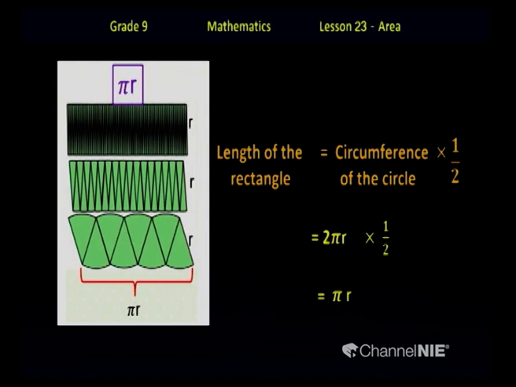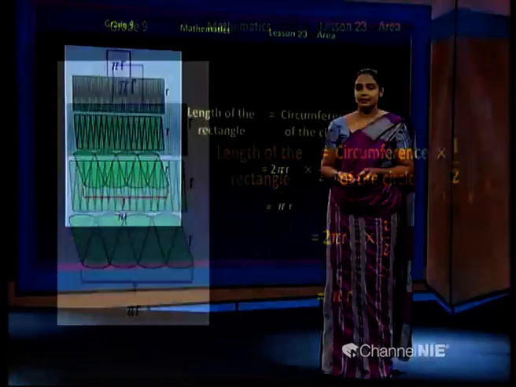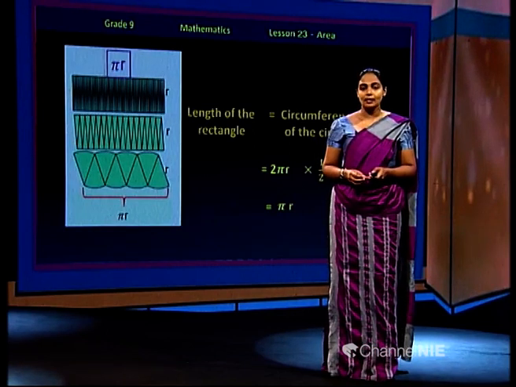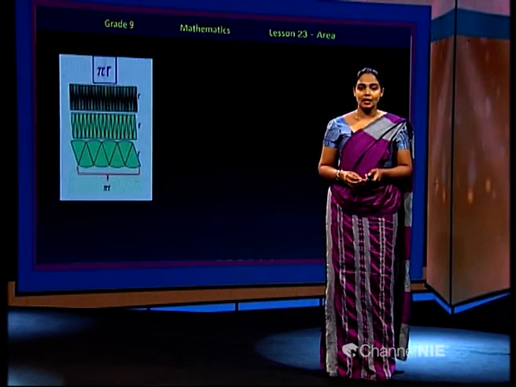Circumference 2πr into half is given as πr. That is the length of the rectangle. Now let's find the area of the circle.